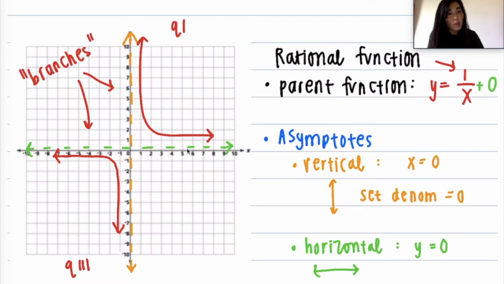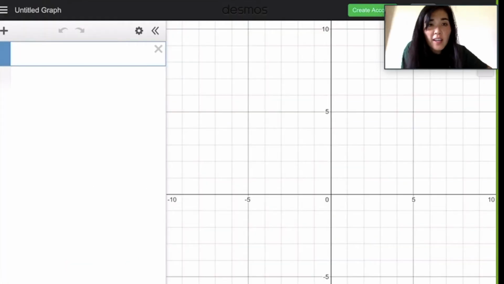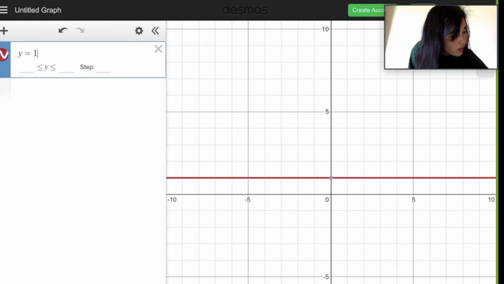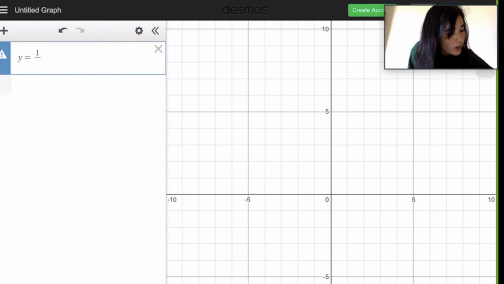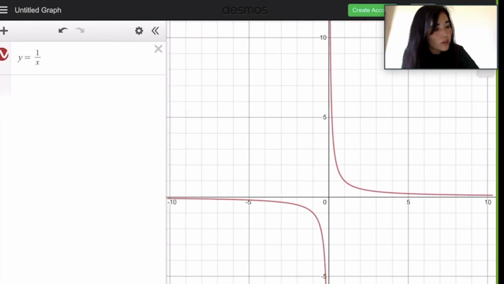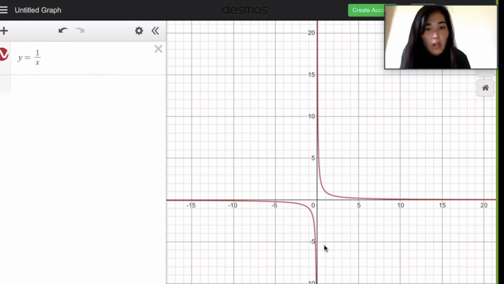Let me go ahead and pull up on a graphing calculator what that looks like. I'm going to put in that example that we just had, that parent function. So we had y is equal to 1 over, so I'm going to use the fraction bar, x. And you'll notice that our graph looks very similar to what we just graphed together. So the asymptotes are not on this graph here.